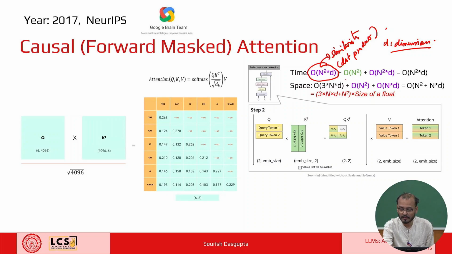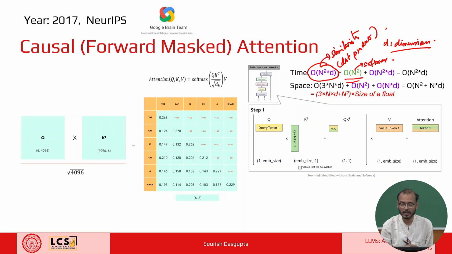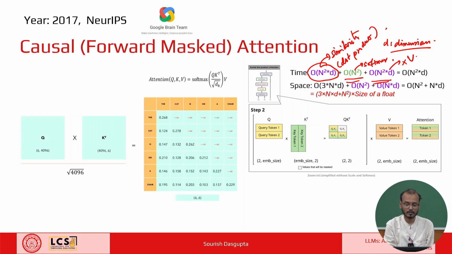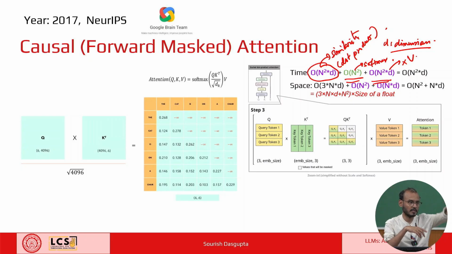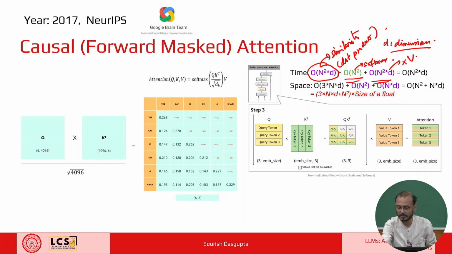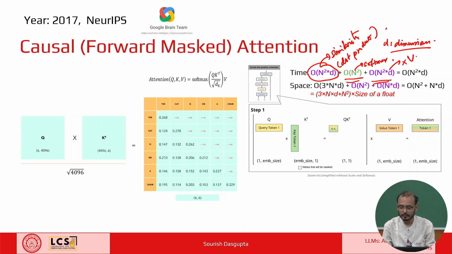After that, you do a softmax, and the softmax would take n square, and then you again do the multiplication with v, right? So that's the final multiplication. So the percentage being multiplied with the v embedding, and you are adding up all the v embeddings, so that would take another n square multiplied by d. So that overall the complexity becomes big O of n square multiplied by d.